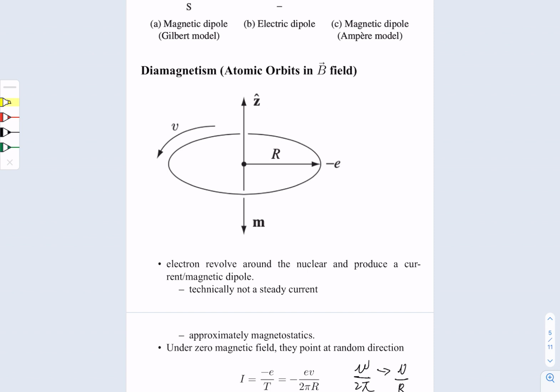So that force will be e squared over 4 pi epsilon r squared, because of the Coulomb law. Now this force will be equal to m v squared over r, if you still remember this classical mechanics equation.